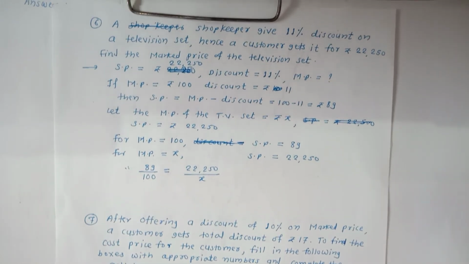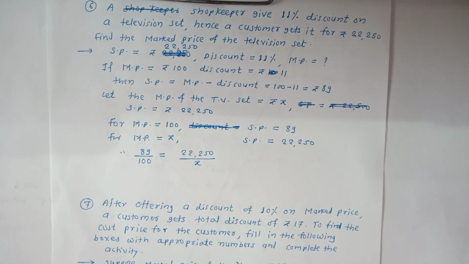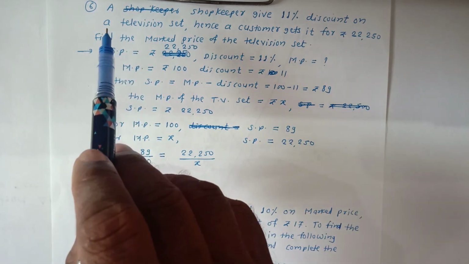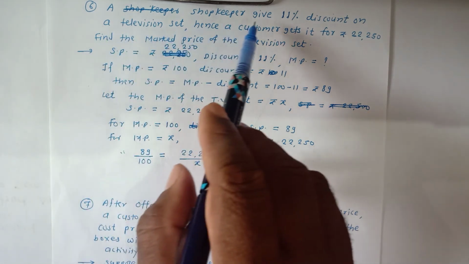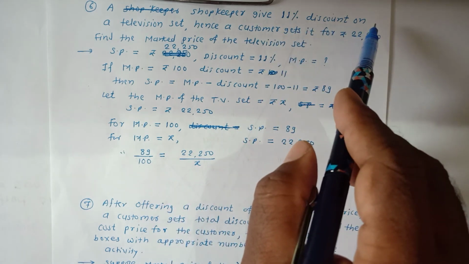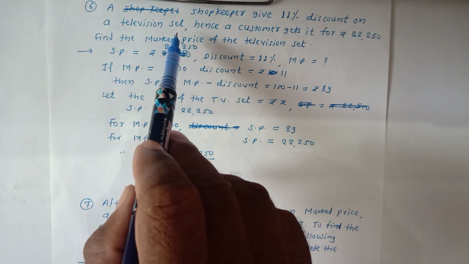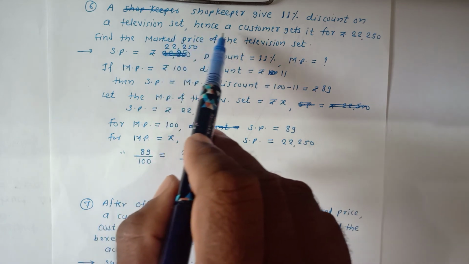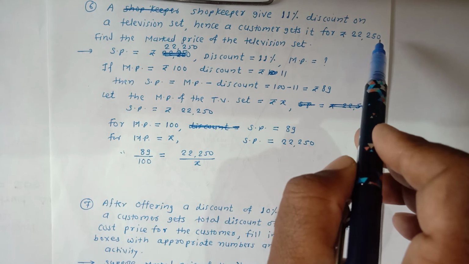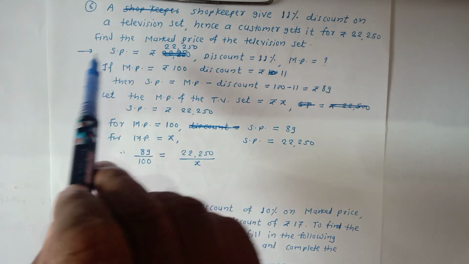Now the question number 6. A shopkeeper gives 11% discount on a television set. Hence a customer gets it for 22,250.